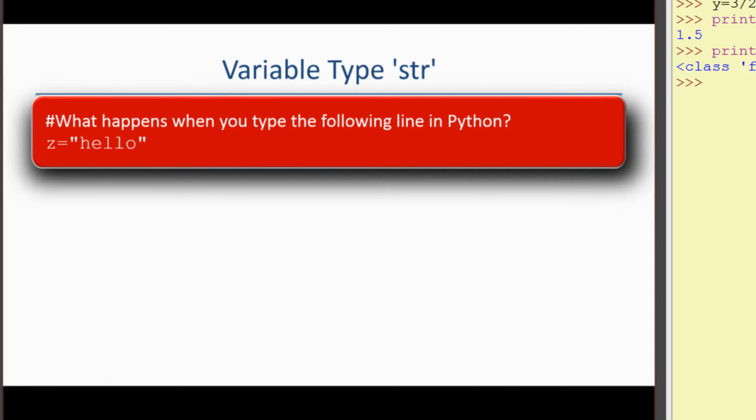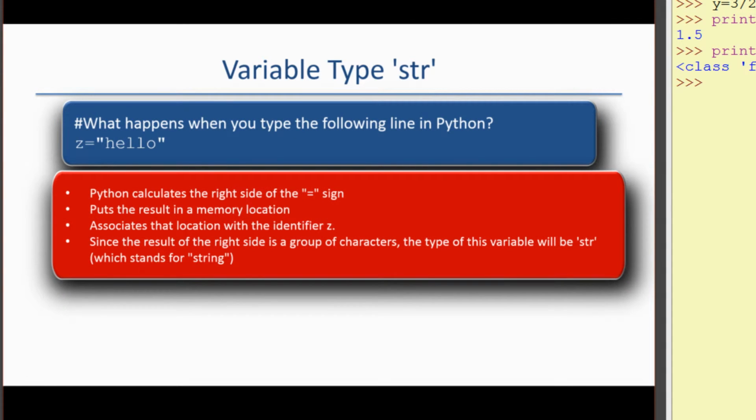What happens when you type the following line in Python, which says z is equal to "hello"? Again, Python calculates the right side, puts the result in a memory location, associates that location with the identifier z, and since the right side is a group of characters, the type of this variable would be str, which stands for a string.